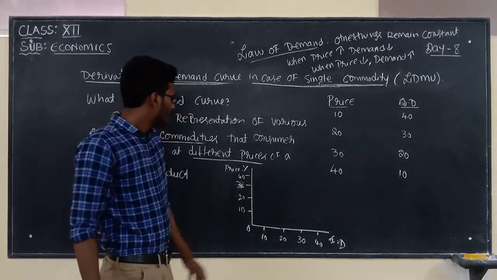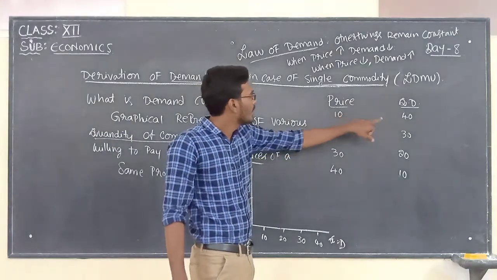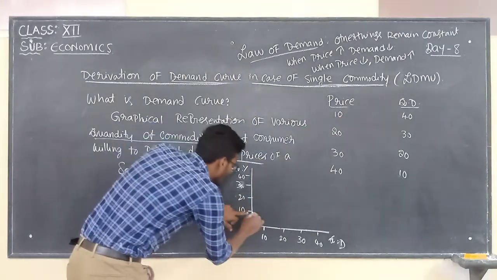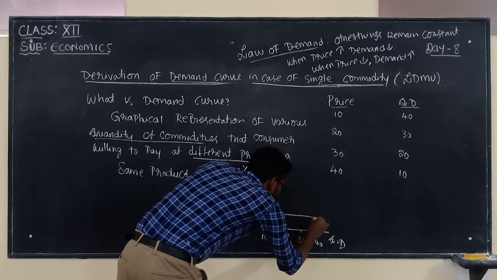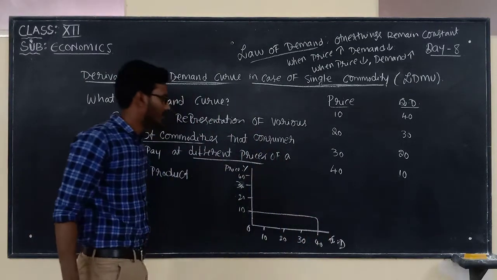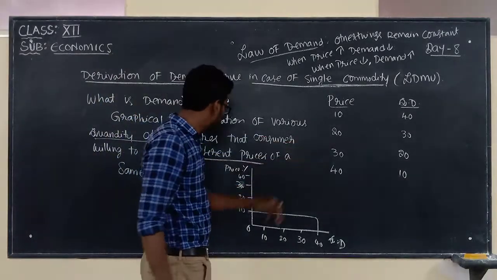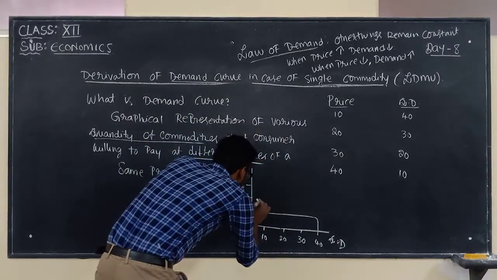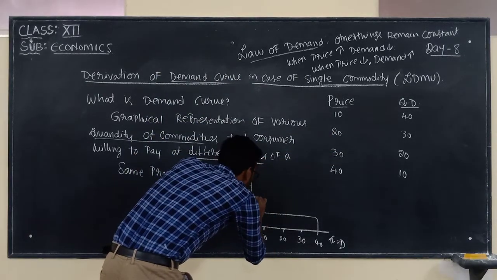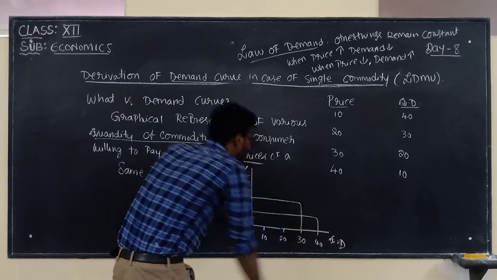Now, when the price is 10, demand will be 40. When the price is 20, demand will be 30.